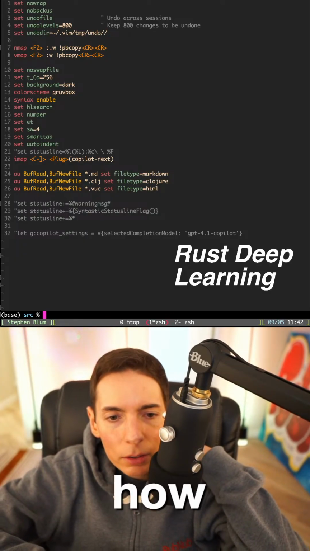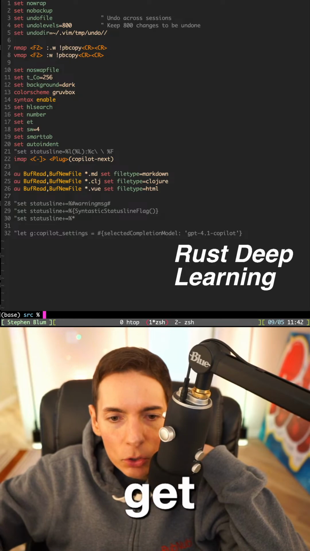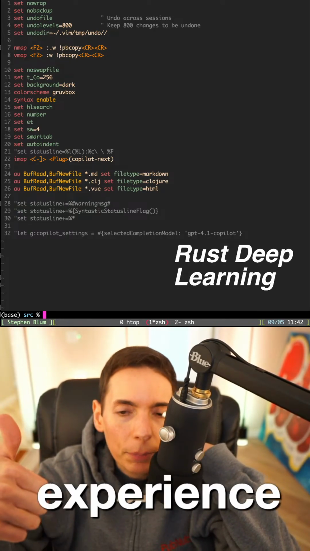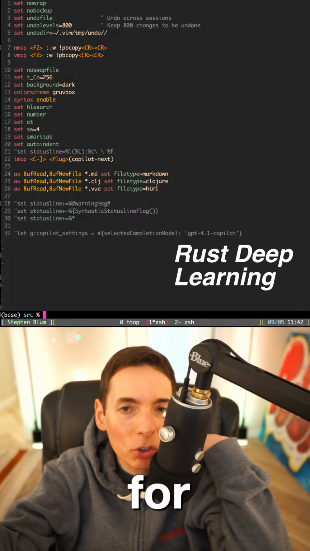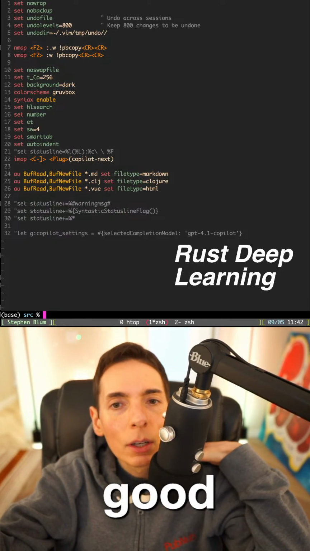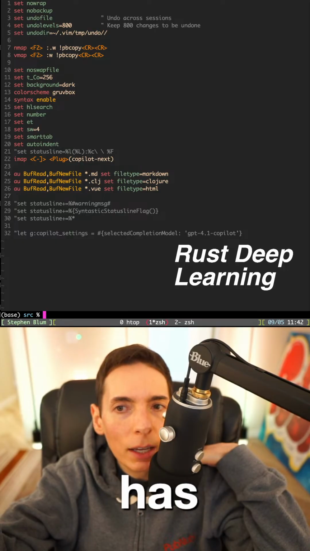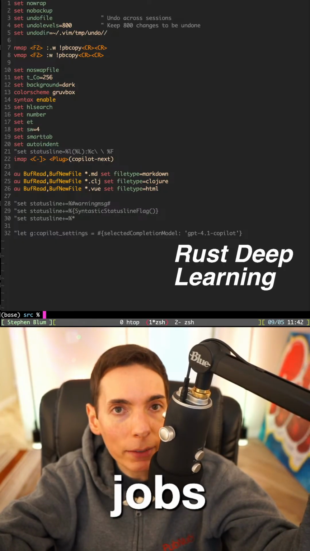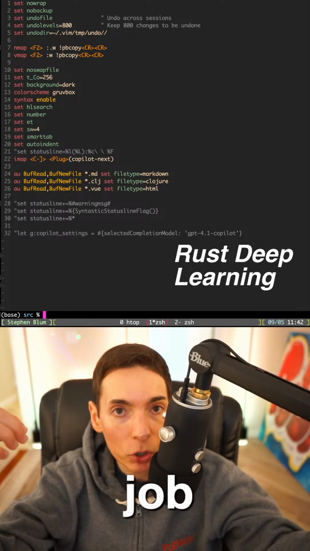How do you get your first Rust job? Well, get experience with Rust and then start applying for Rust positions. And here's the good news: I suppose you could also apply for C jobs or Python jobs, or any job, because you can use Rust.